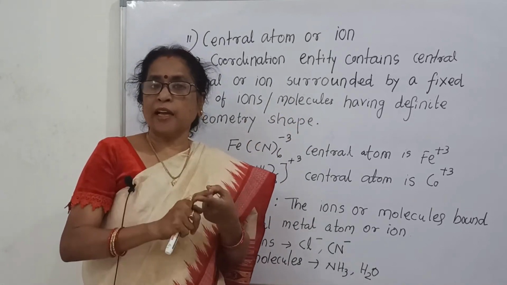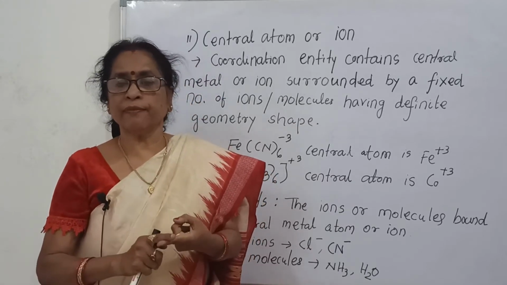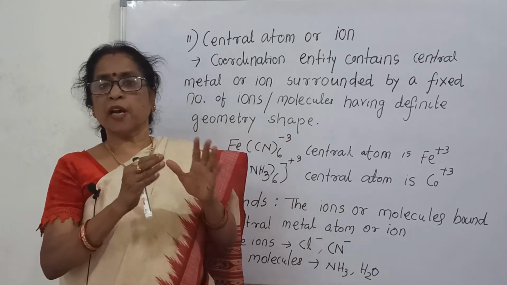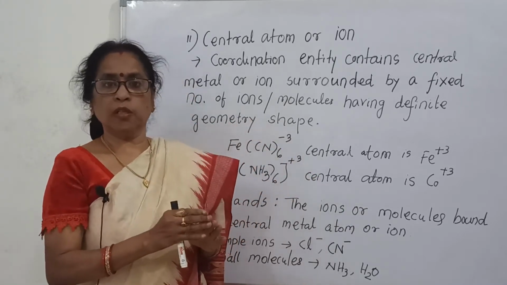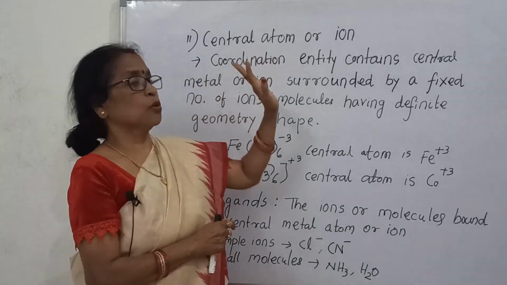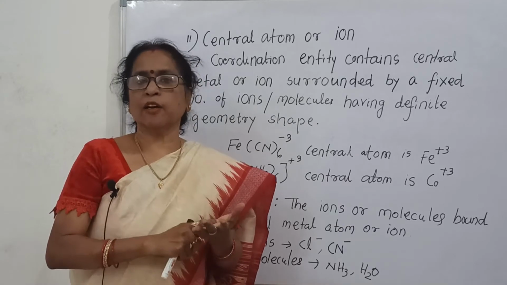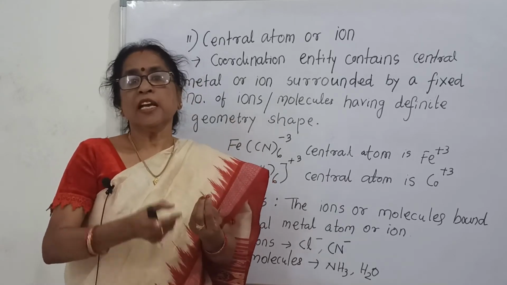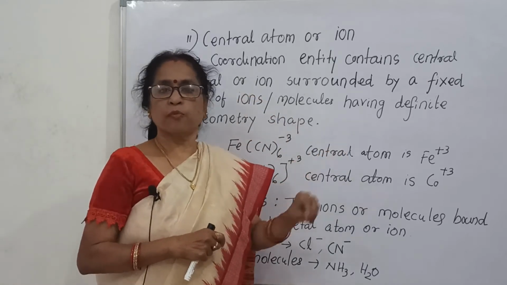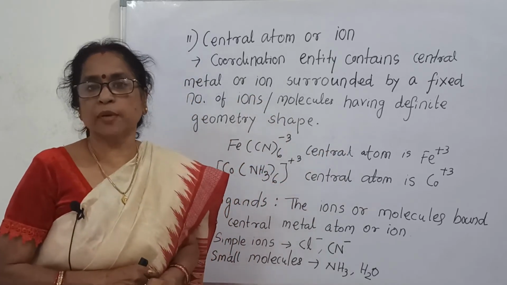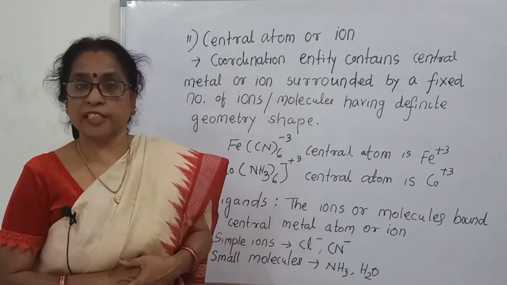The metal ion which forms a fixed coordination number with a fixed number of ions or molecules, and a fixed geometrical shape, is known as the central metal or ion.